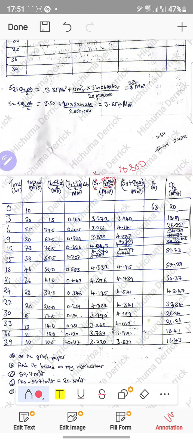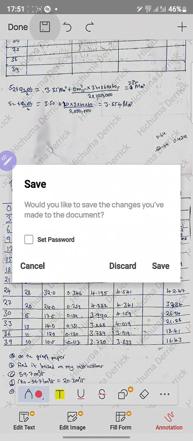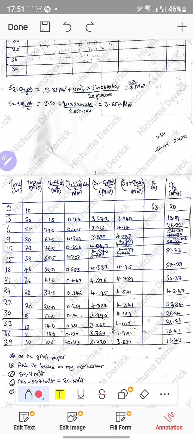Now when you put those values, here we have 3.88, then minus Q, which is 20, times 10,800, these are seconds, over 2.